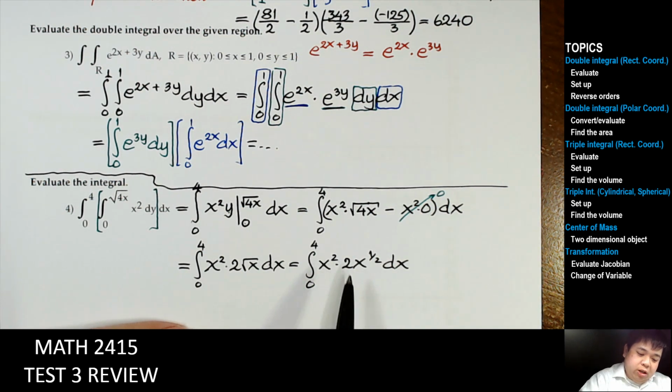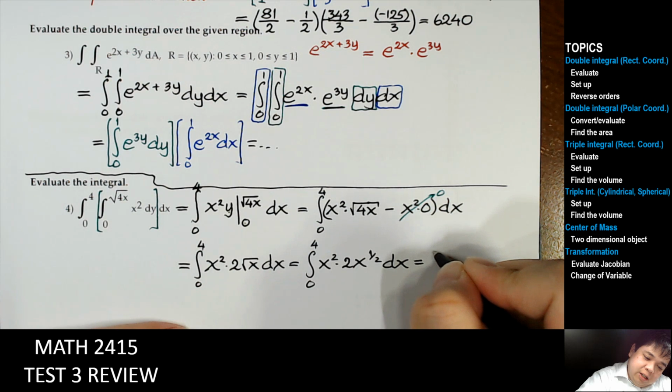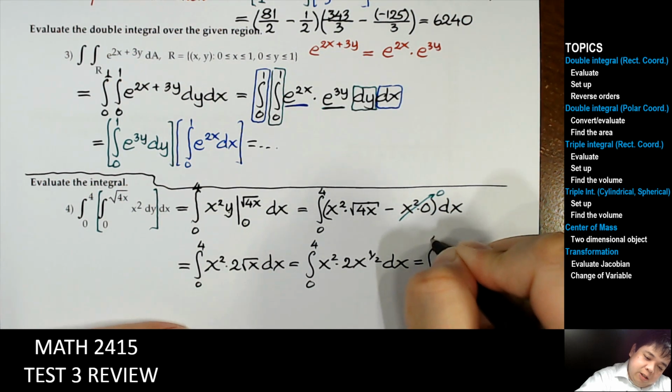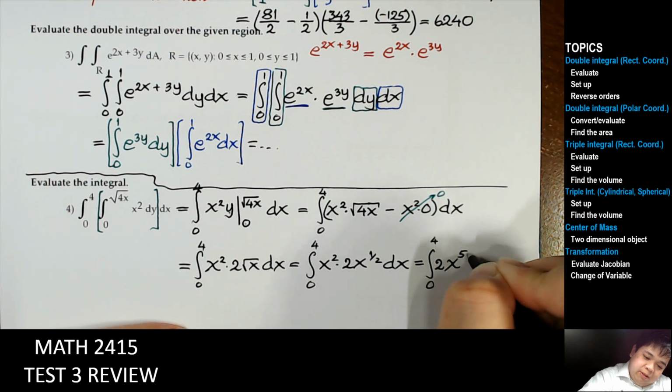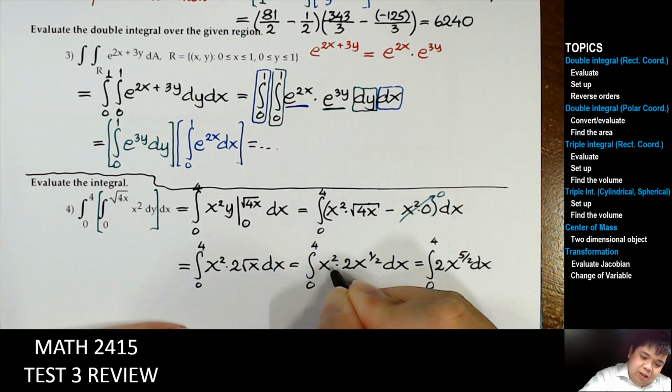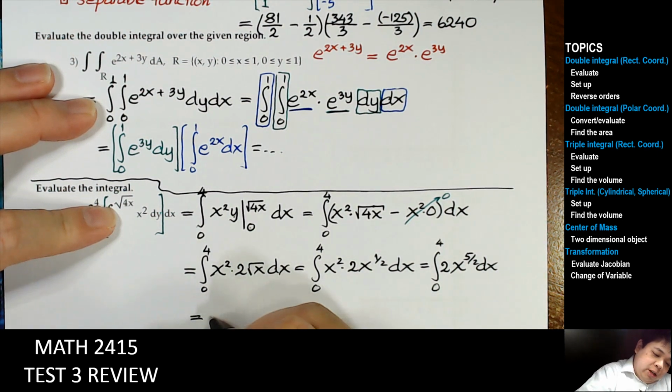We add the exponents. 2 plus 1/2 is 5/2. Now integrate x to the 5/2.